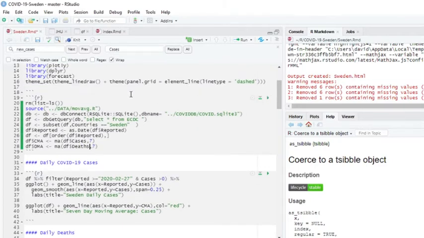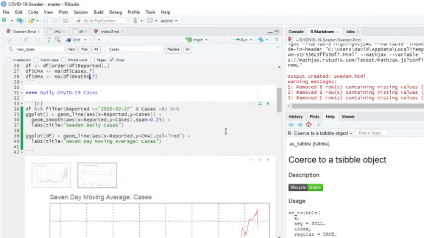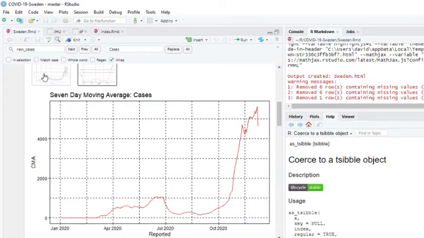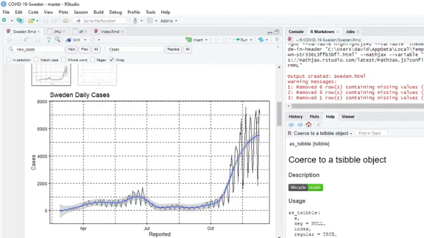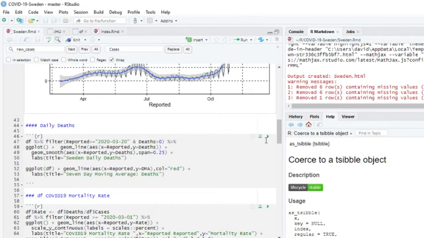Let's run this again then. Now let's run this. Take a look at cases. This decline could be nothing more than just a reflection of this drop right over here, okay? Let's try to look at deaths now.